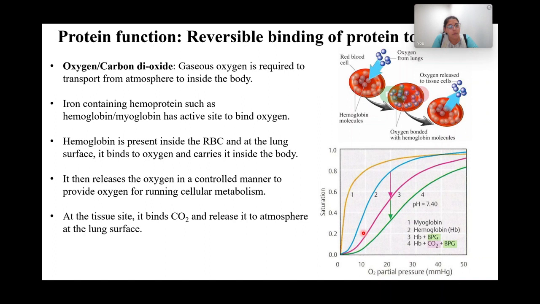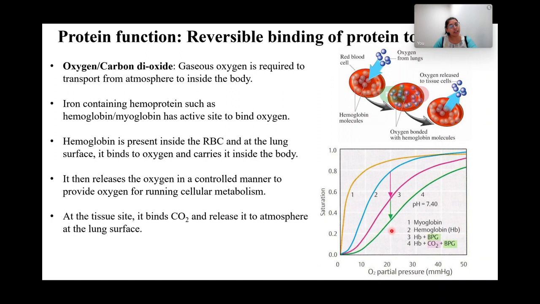Third is where you have hemoglobin, but you have something called BPG, bisphosphoglycerate. Bisphosphoglycerate will tell the hemoglobin to reduce its binding to oxygen. And as a result, the saturation will go down, the binding will decrease. And if there is carbon dioxide, which is what happens at the tissue level, so at the tissue site where carbon dioxide is more, its saturation level with oxygen goes very down.